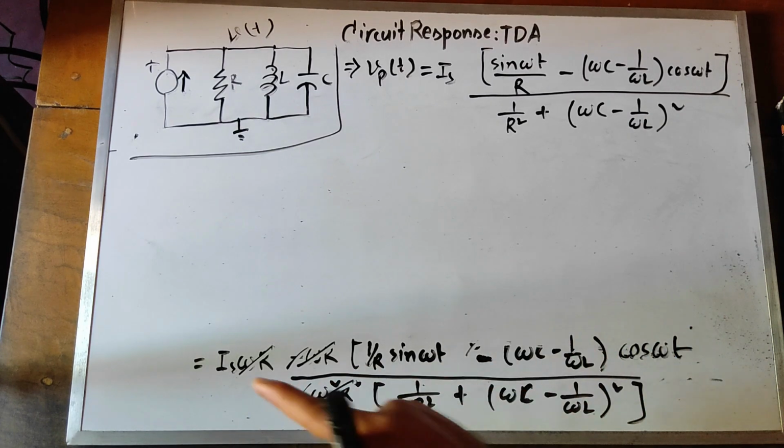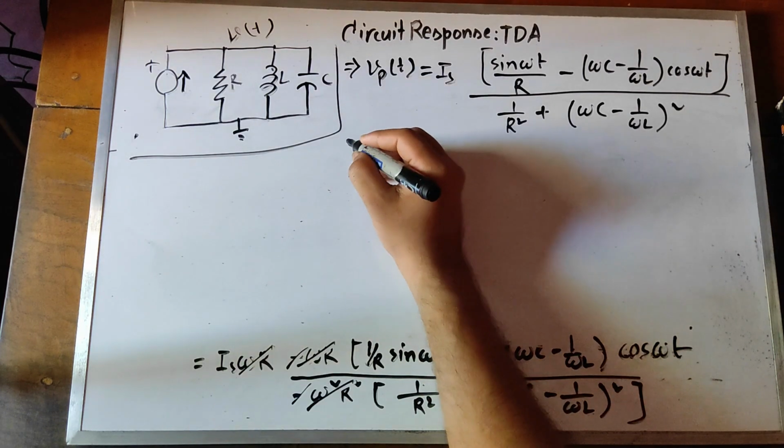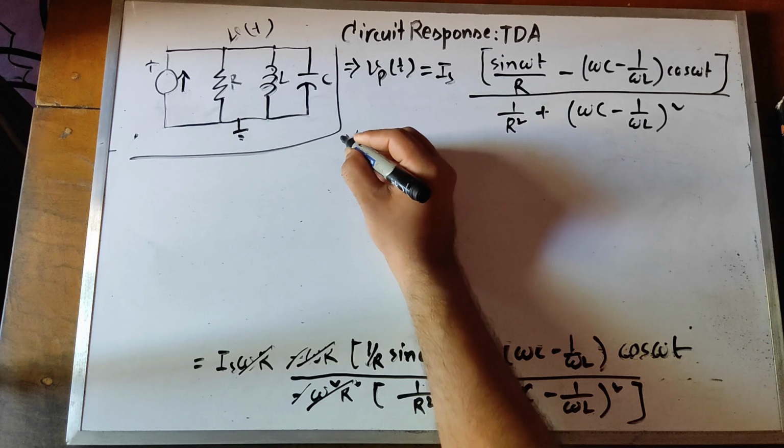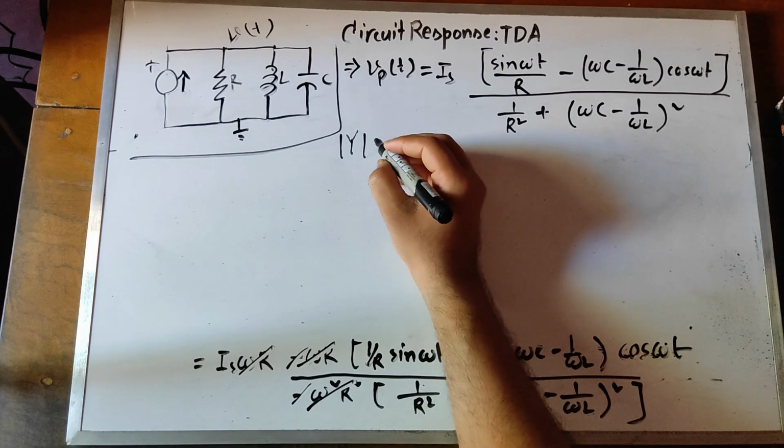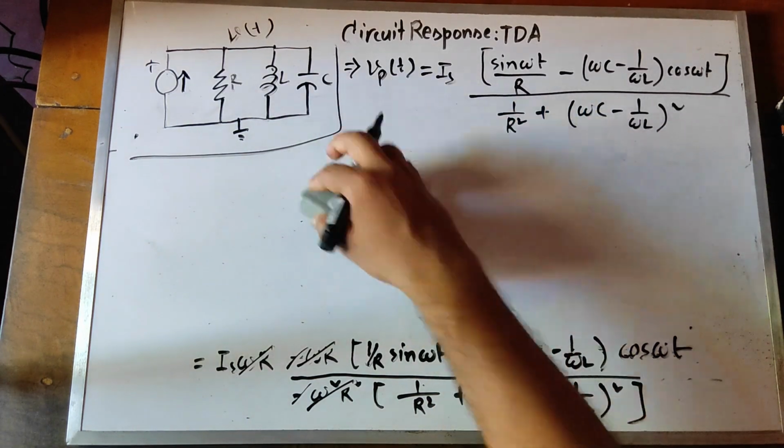So now for this parallel configuration, if I take the admittance, sorry, so this is magnitude.